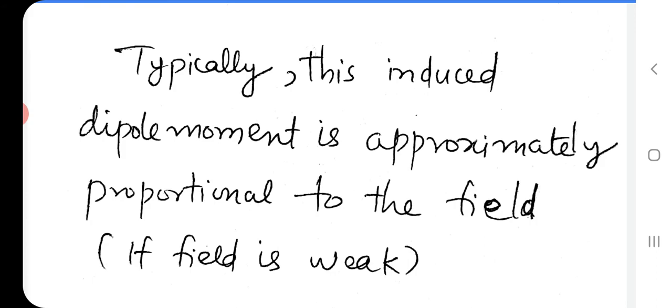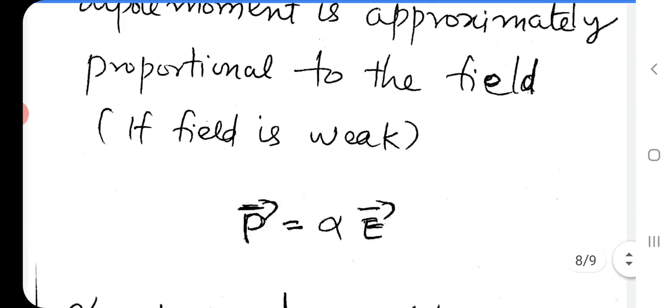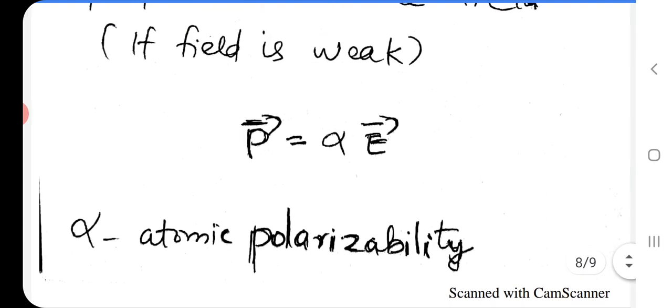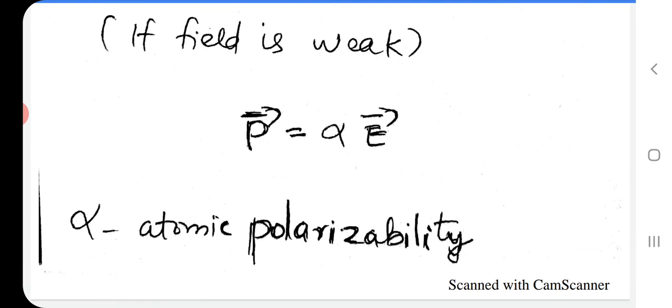So p is equal to alpha E. The dipole moment p is equal to alpha E, where alpha is the proportionality constant, which is called the atomic polarizability.